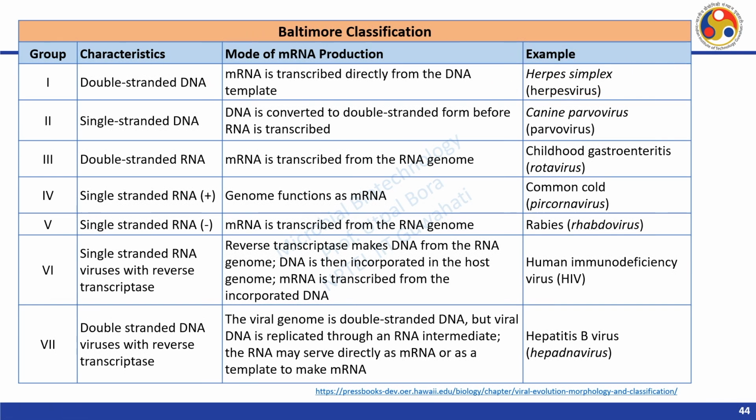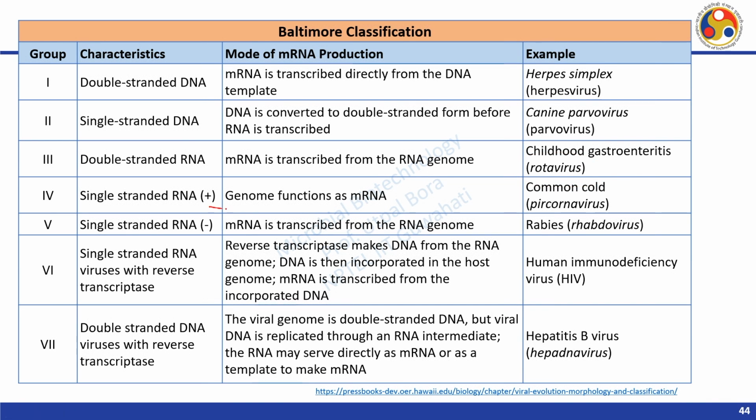In group 2, like those in canine parvoviruses, DNA is converted to double stranded form before RNA is transcribed. In group 3, mRNA is transcribed from the RNA genome, for example in the case of rotavirus.